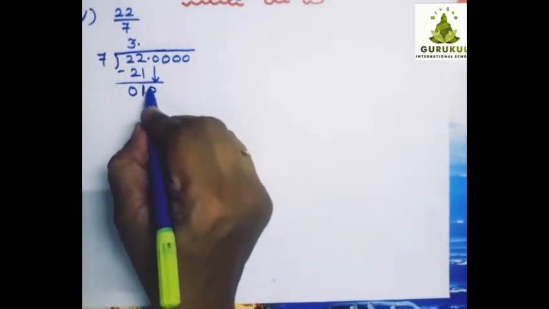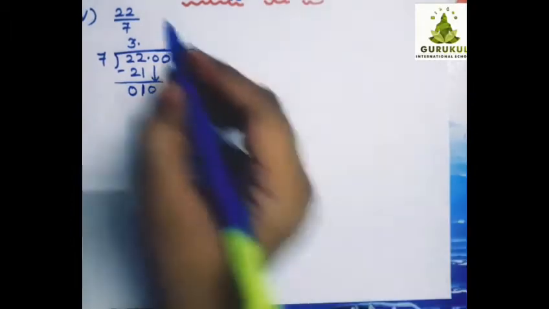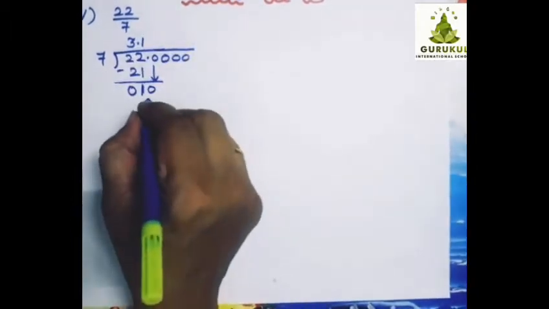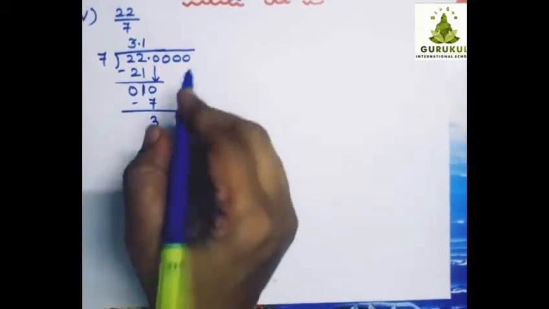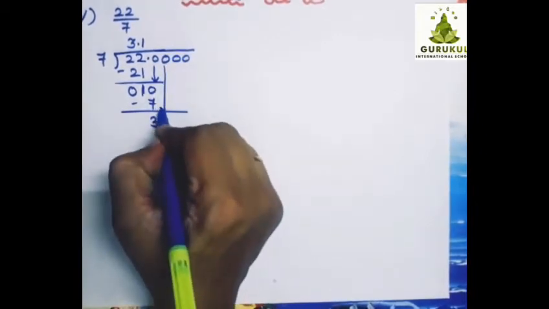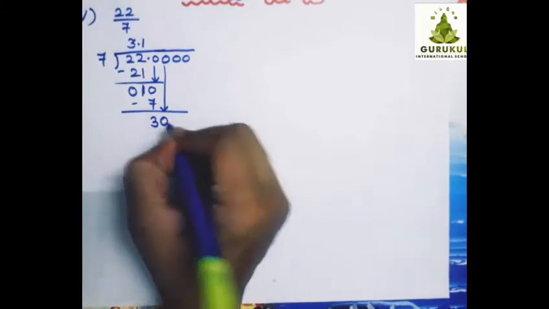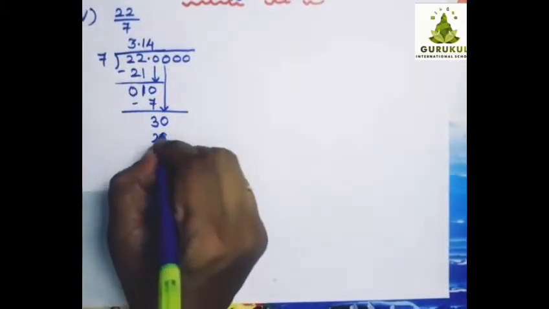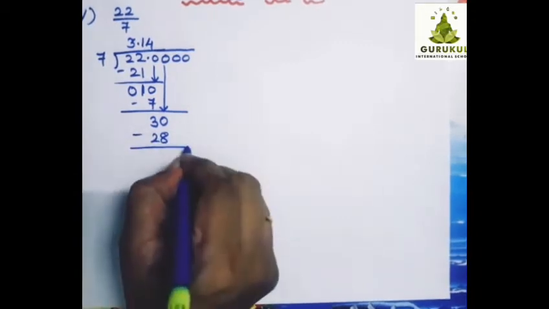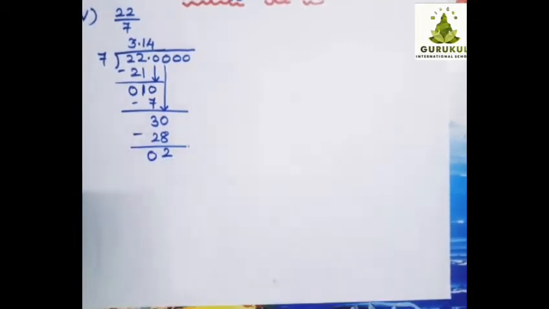Then write 0. Okay, 7 ones are 7, 10 minus 7 comes 3. Again then take 0 down, it will become 30. 7 4s are 28. 30 minus 28 will give you 2.